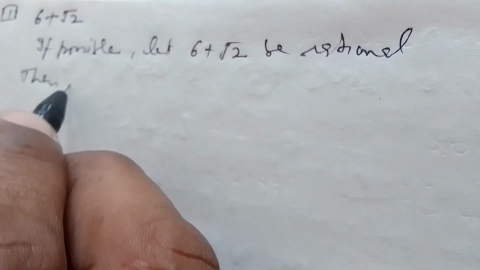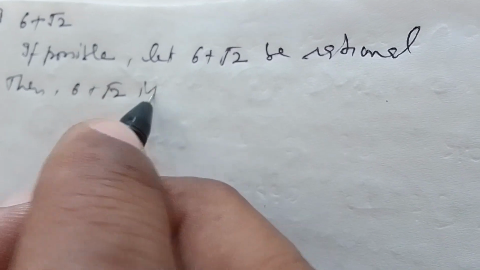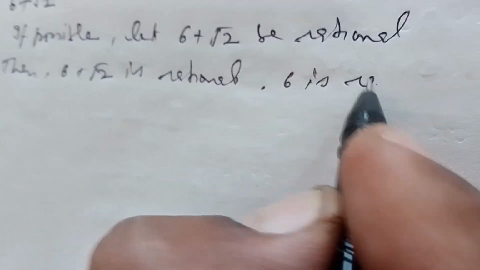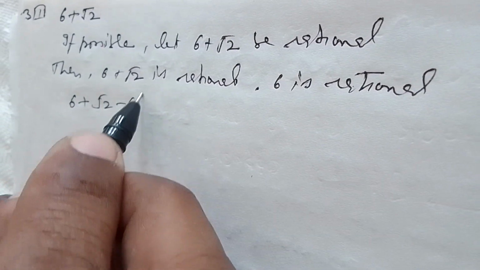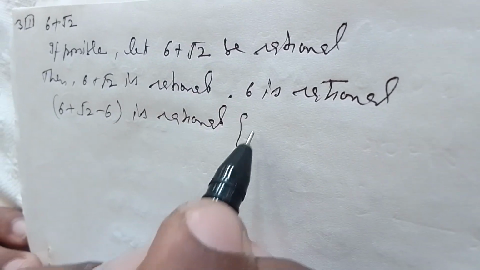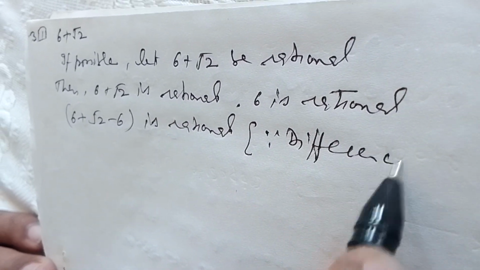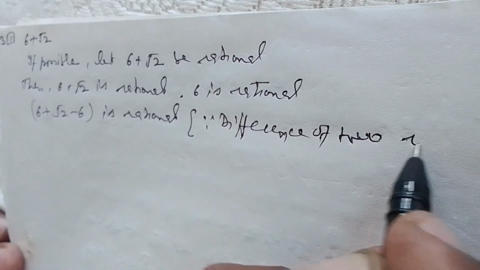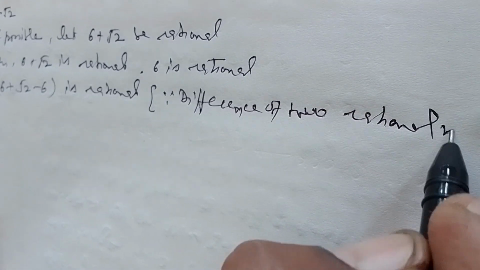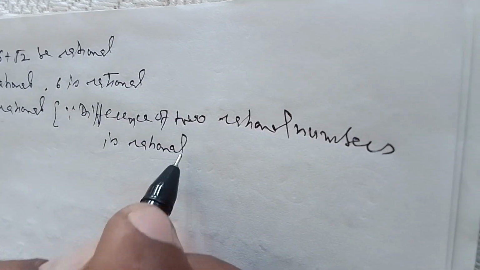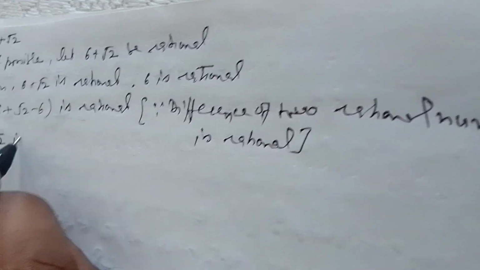So then 6 plus root 2 is rational, and 6 is rational. 6 plus root 2 minus 6 is rational because the difference of two rational numbers is rational. So root 2 is rational.